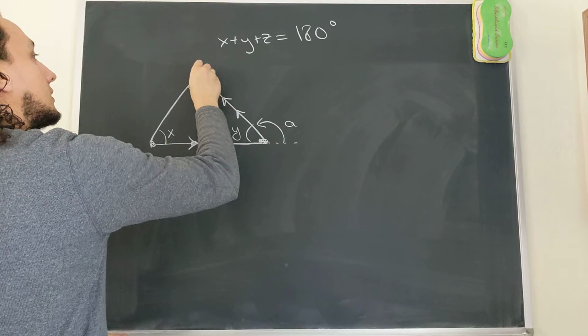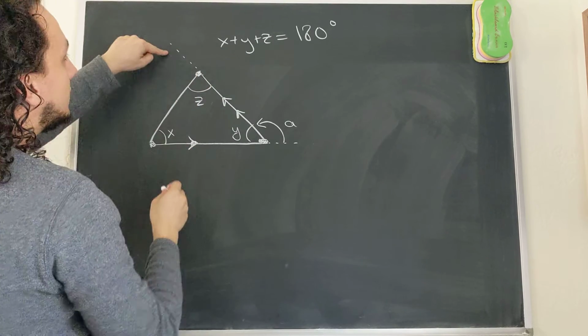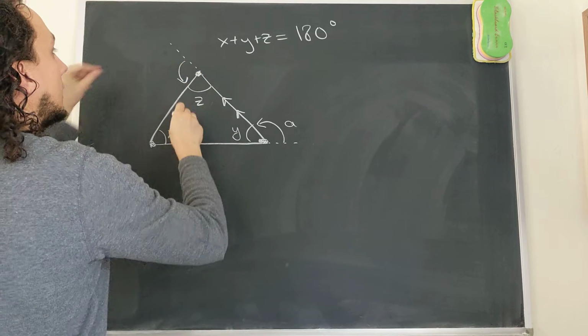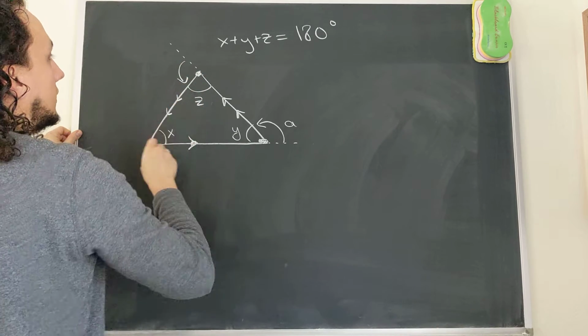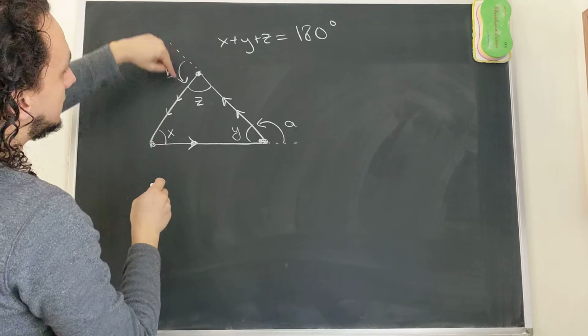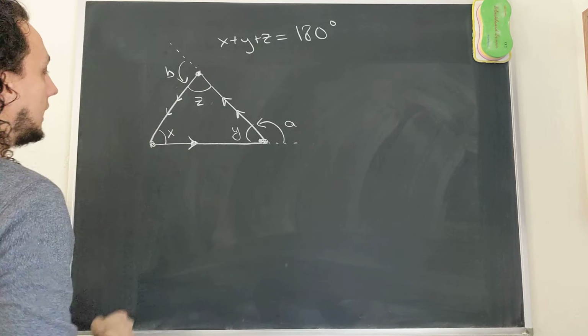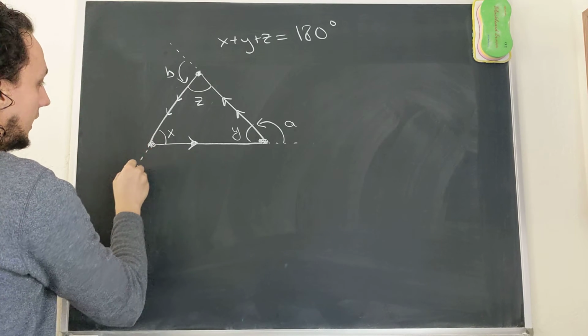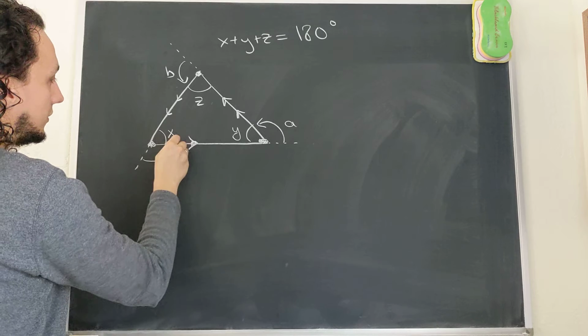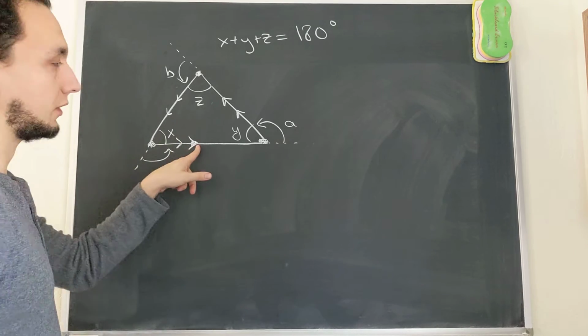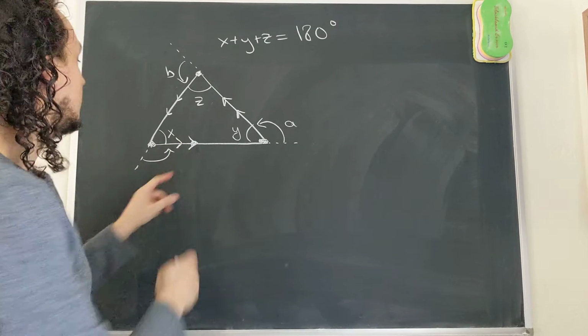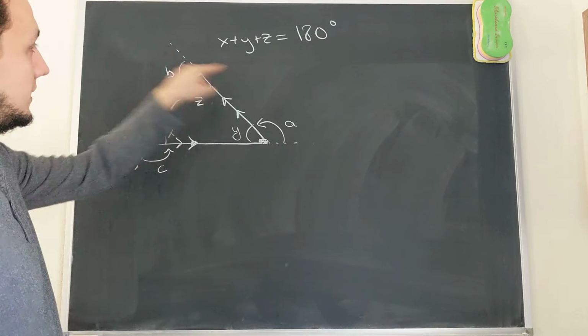You continue up to this corner, and again, instead of continuing straight, you turn, and you continue walking along this edge. Let's label this amount of your turn as B. And finally, you get to here, and instead of continuing straight, you turn, and you get back where you started. Let's label this C to be consistent.